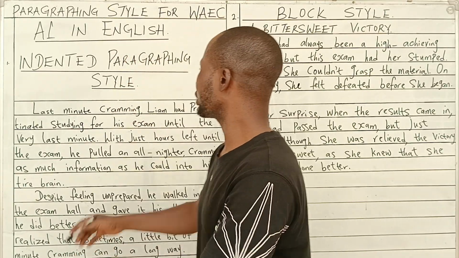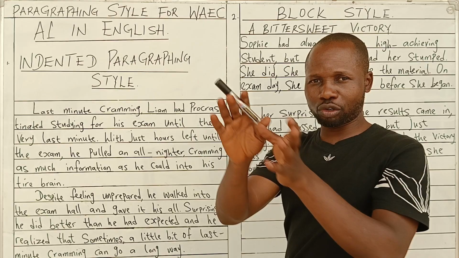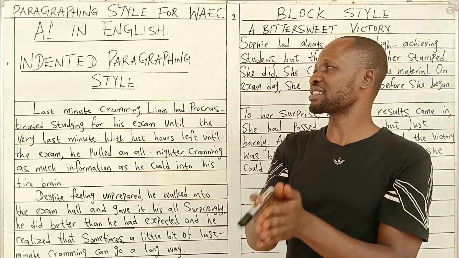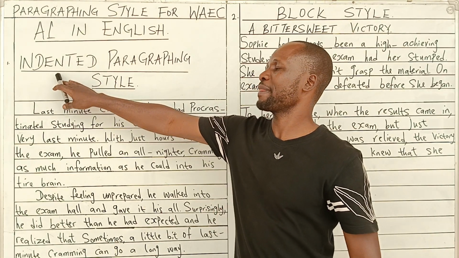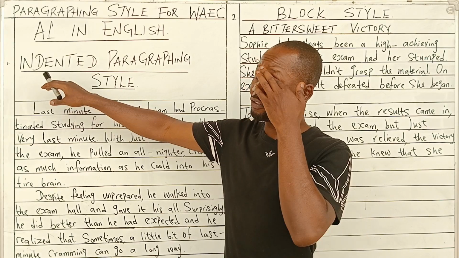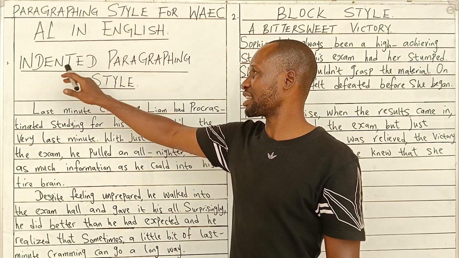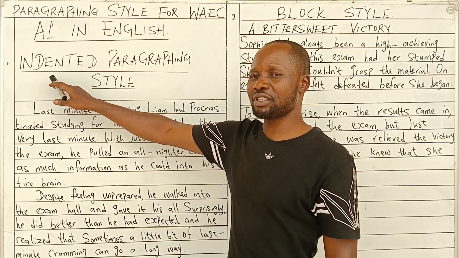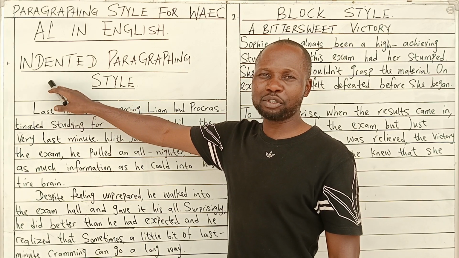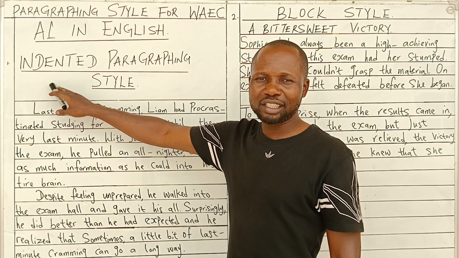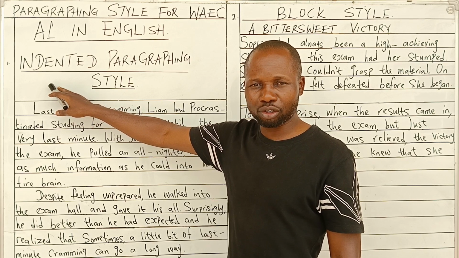So we are done teaching, or I'm done showing you, a paragraphing style called indented. Another name for indented is indentation, but no need, that's why I didn't write it. Remember, indented paragraphing style, for those that might have been using it for years but didn't know the name or what it is called.